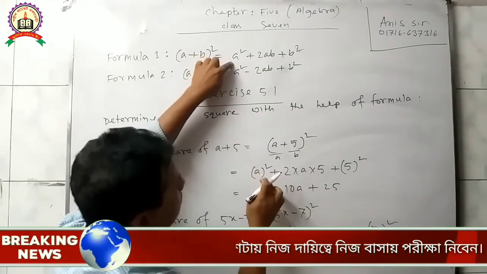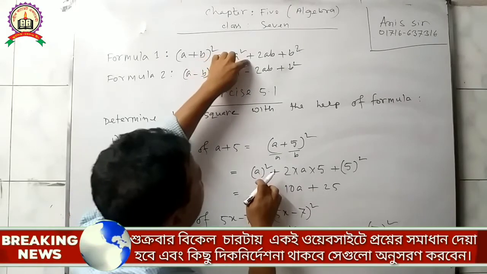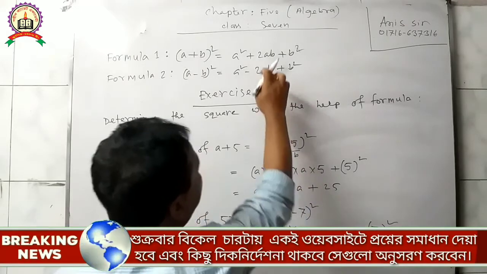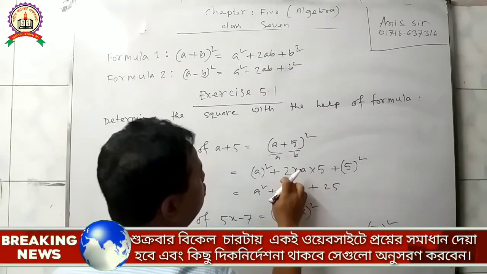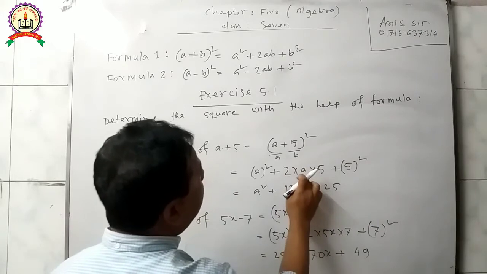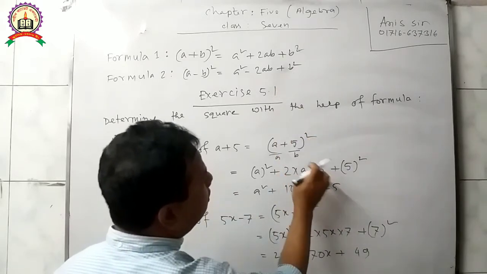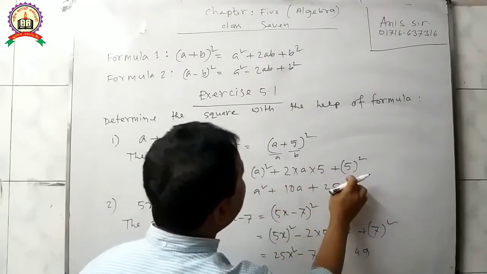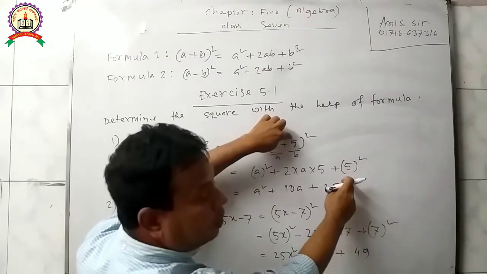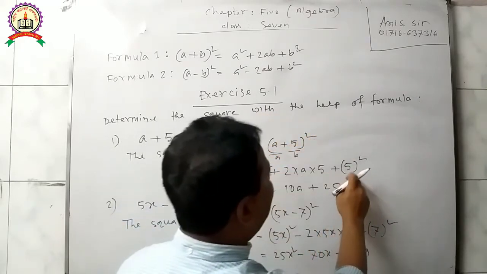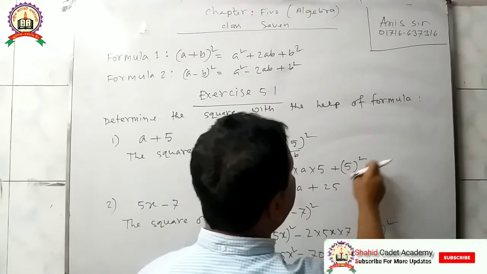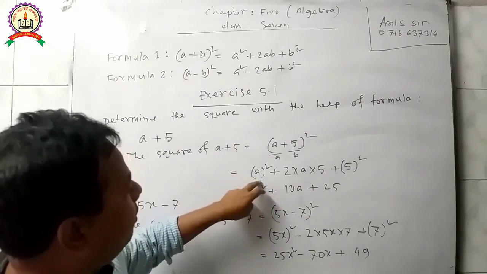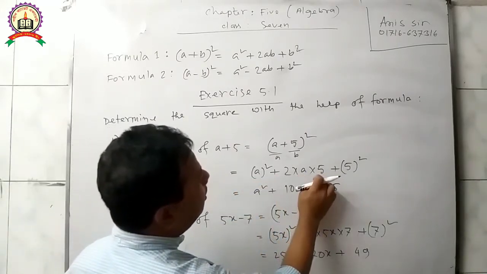So we get a square plus 2ab, that means 2 into a, b equal to 5, plus b square, b equal to 5, so we will write 5 whole square.